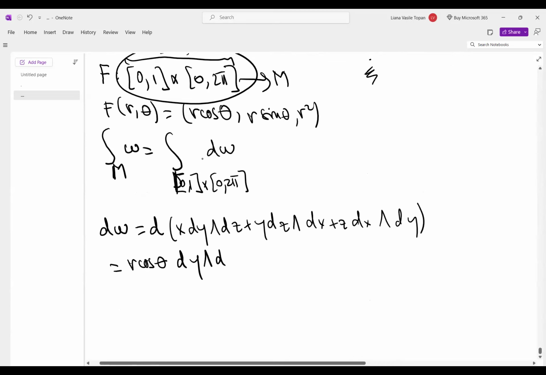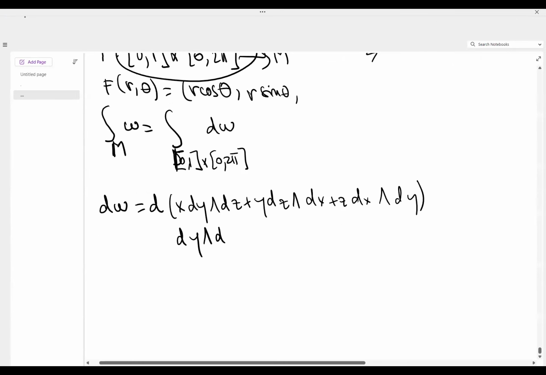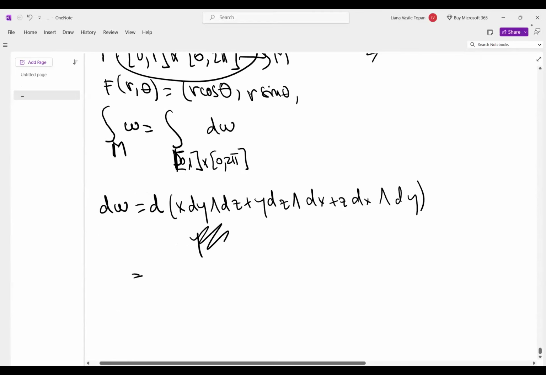So again, I'm just replacing everything. X is r cosine of theta.